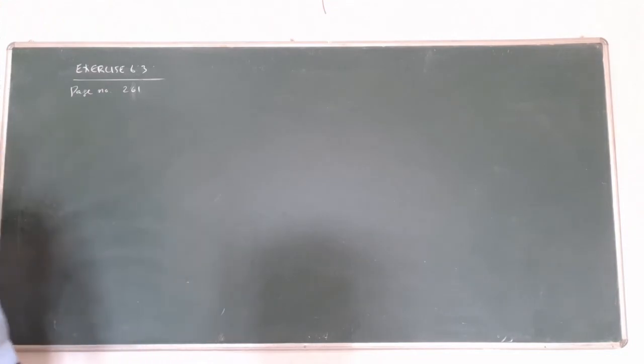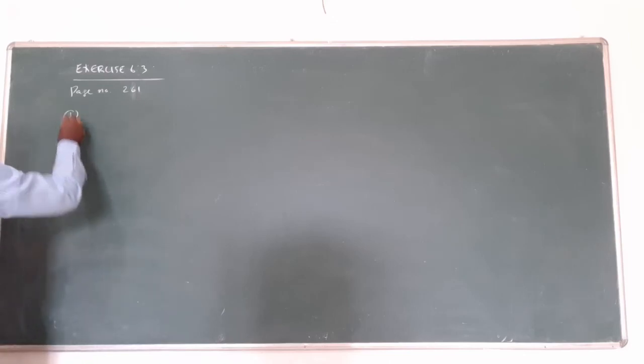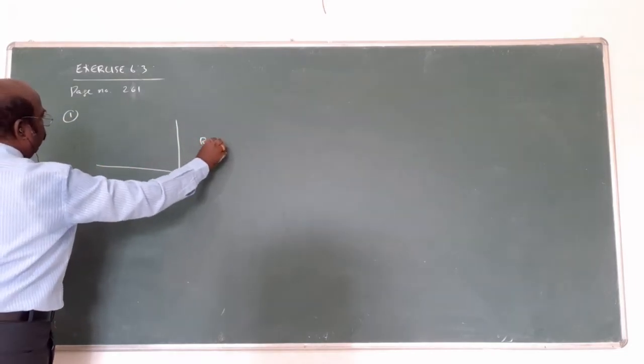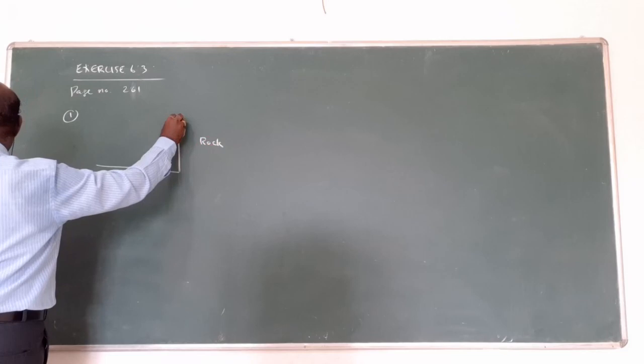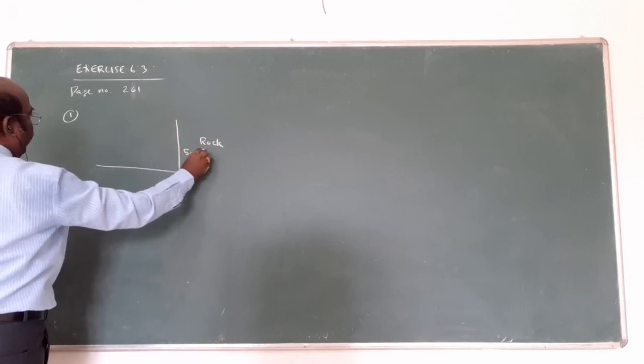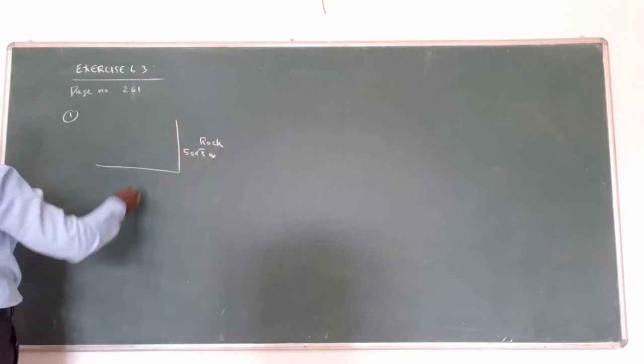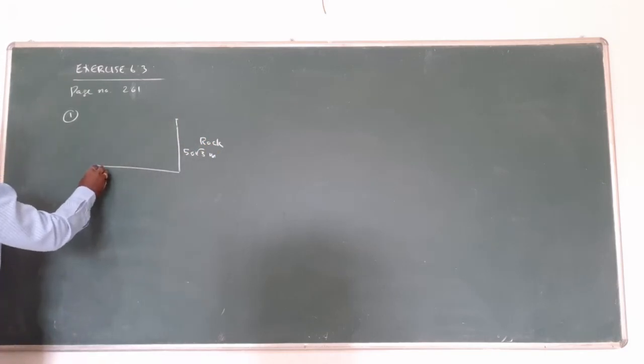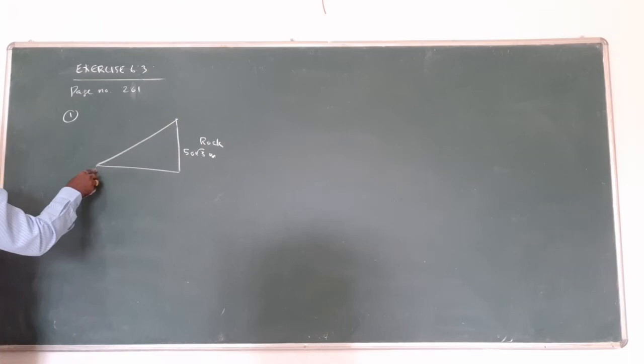Exercise 6.3, page 261, first question. This is the ground, this is a rock. From the top of the rock, 50 root 3 meter high, the angle of depression of the car on the ground, here is the position of the car, is 30 degrees. What is asked? The distance between the car and the rock.